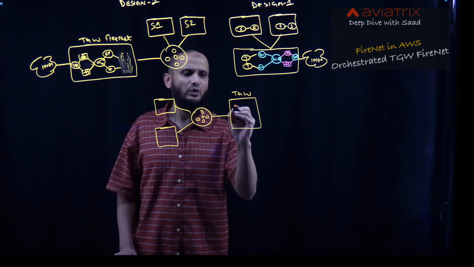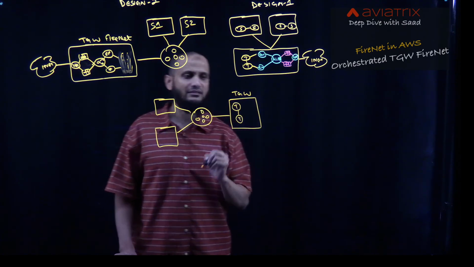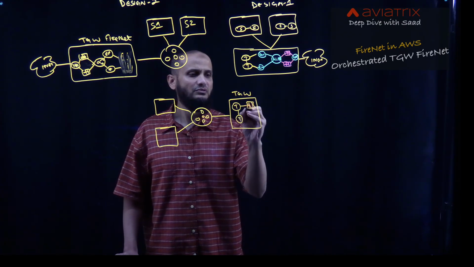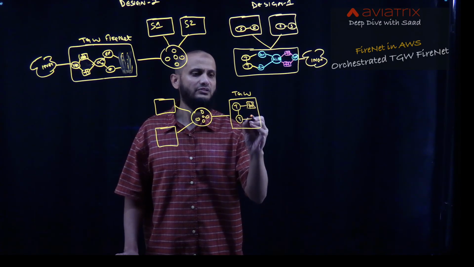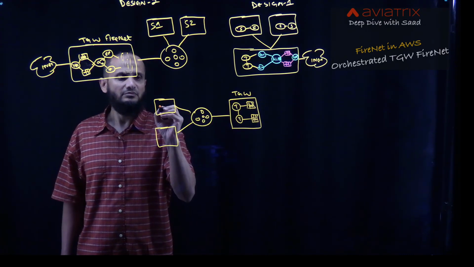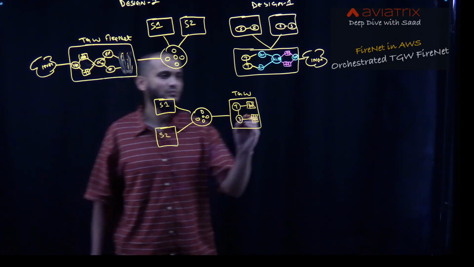Here we have Aviatrix TGW FireNet gateways, or just transit gateways, and those are attached to the firewalls. So this becomes your spoke 1, that becomes your spoke 2.